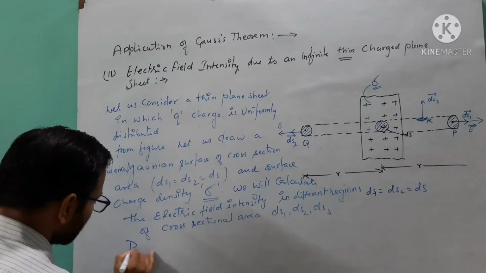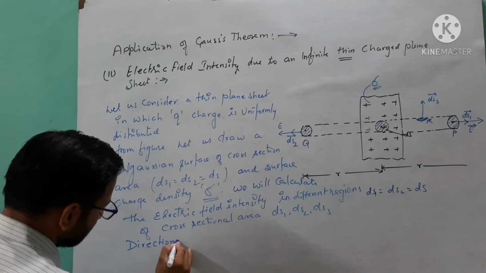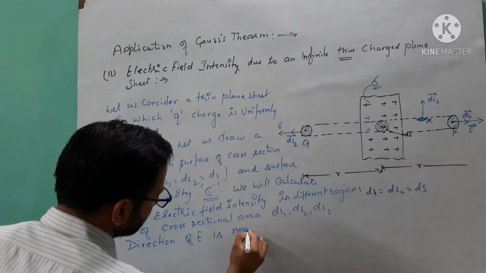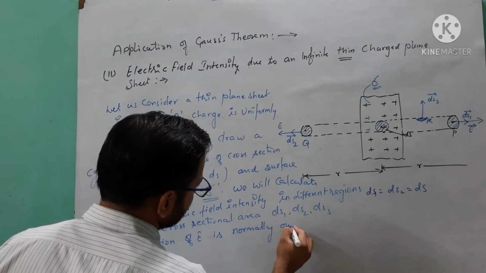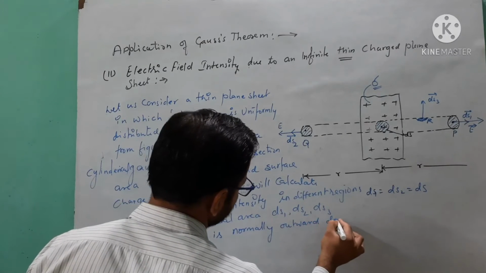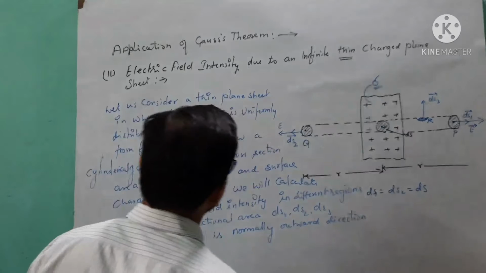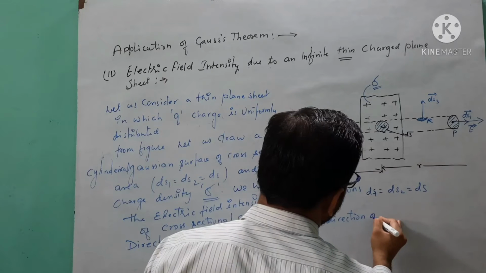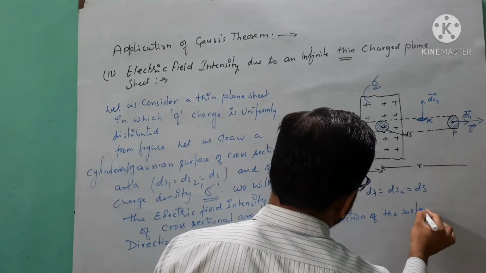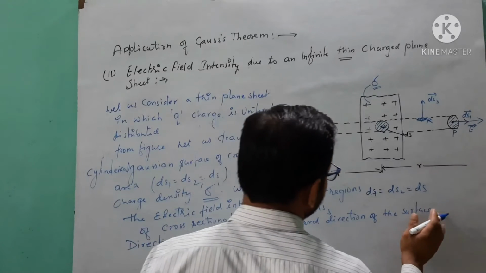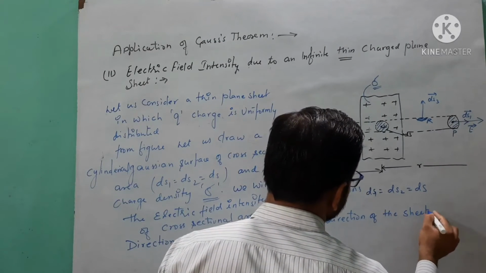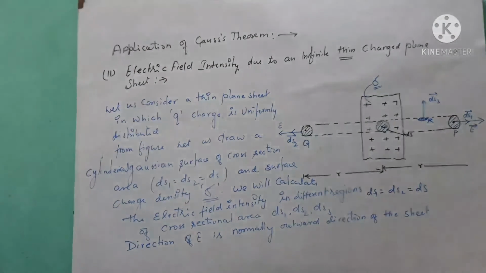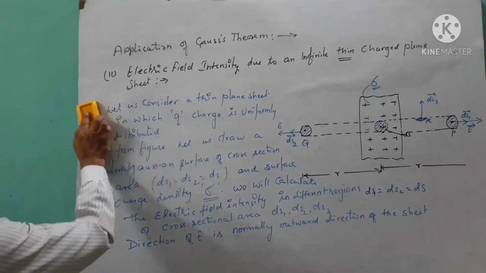So direction of E, we can add one thing, direction of electric field is normally outward direction of the surface, or you can say of the sheet.